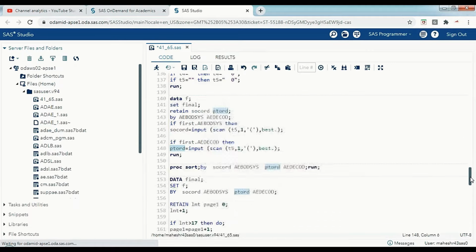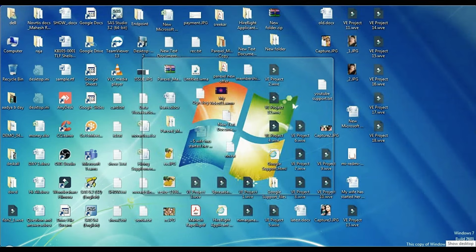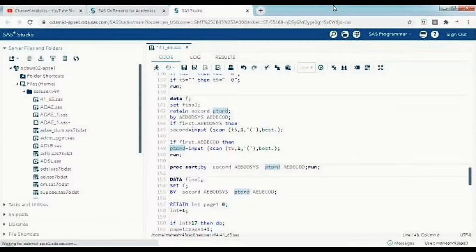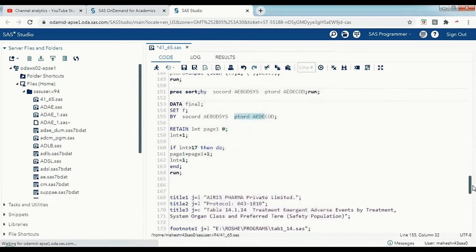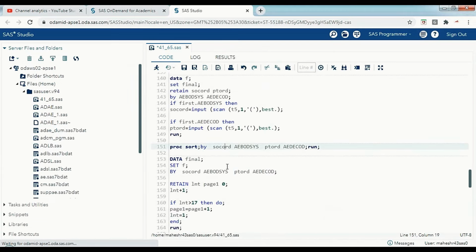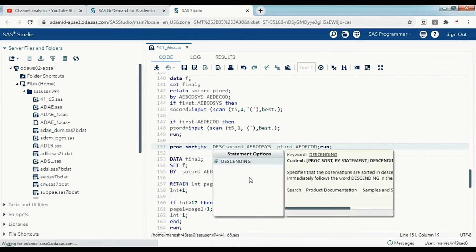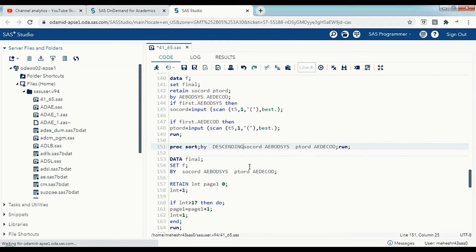So after that, just give the order like SOC order, body system order and preferred term order. So what happened? It will produce the SOC order. Instead of this, if you write descending, so highest values come first, after that alphabetical.